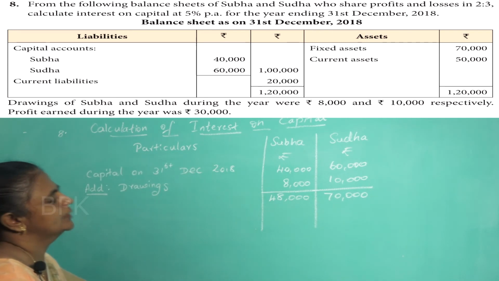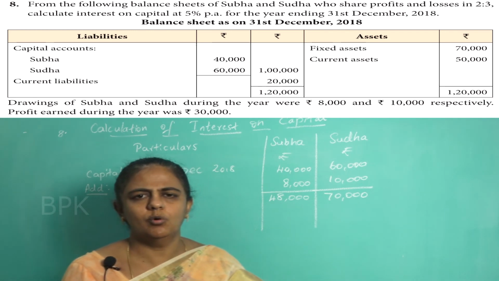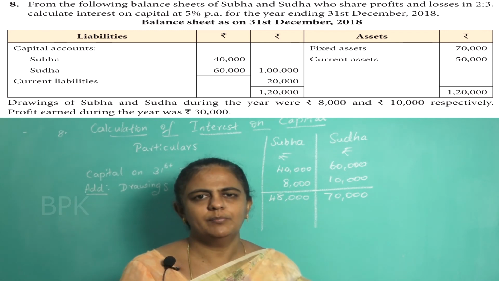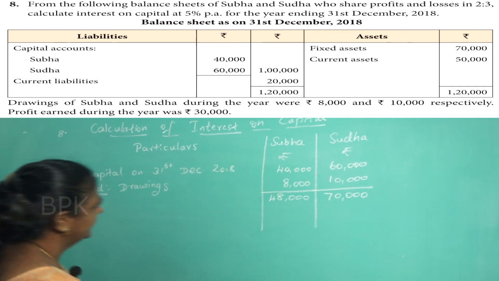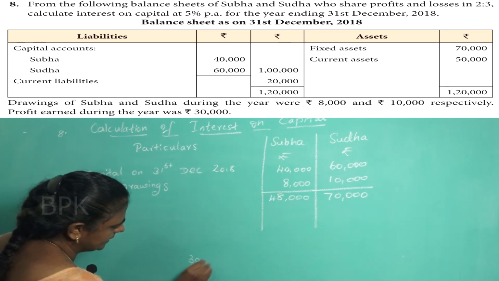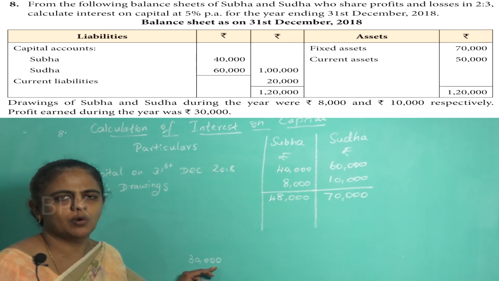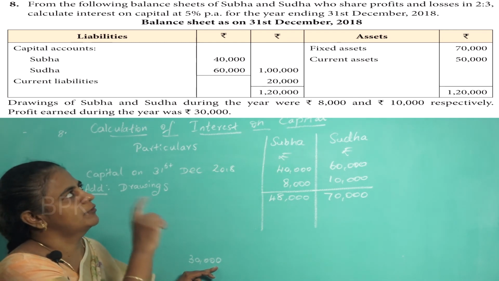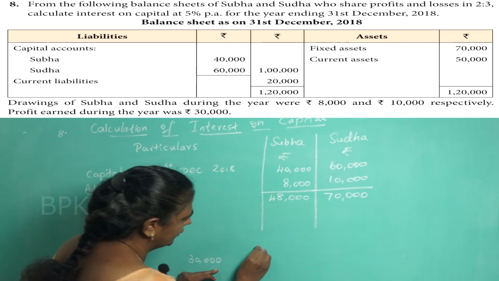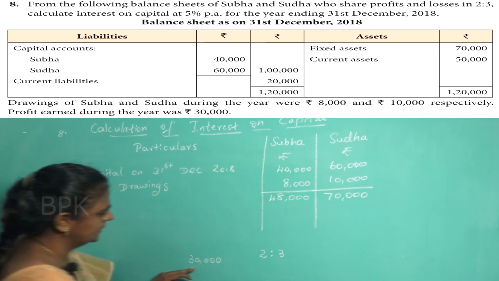Now, what is given in the question? Profit, the total amount of profit is given. Total amount of profit, how much is given here? Total profit is 30,000. Okay, I will just show the calculation here down. 30,000 is the profit, but in what ratio are they going to take this profit? See the question, profit and losses in the ratio of 2:3. That is the first partner.